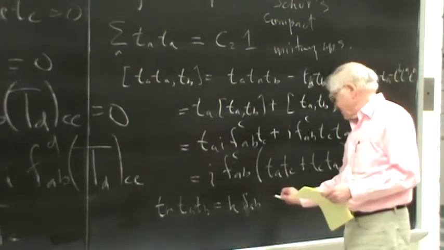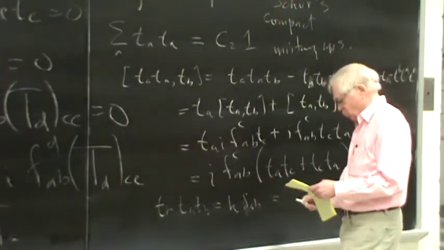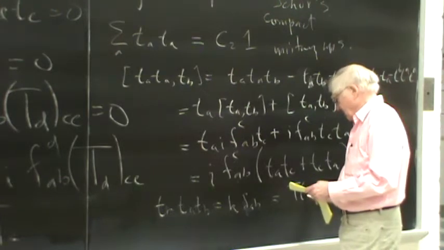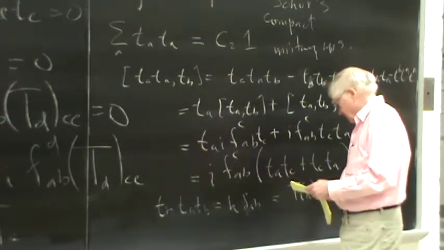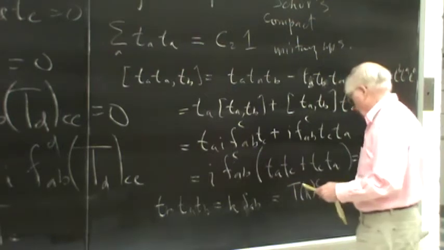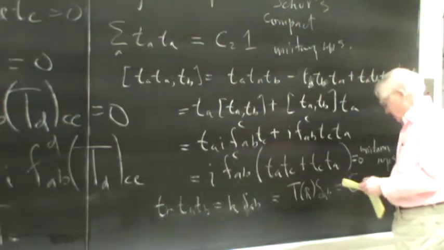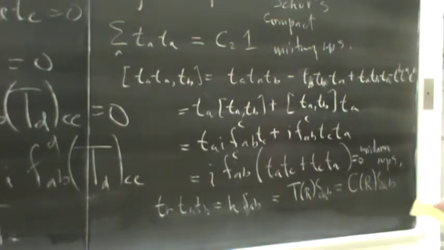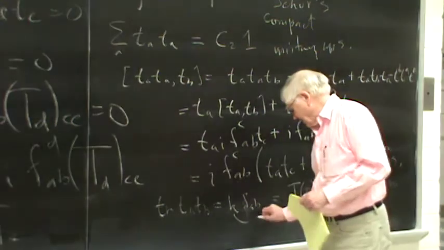And this K here is something that Schwartz calls T of the representation, delta^{AB}. And he also calls it C of R, delta^{AB}. Those are several different terms, and you can call this the index.